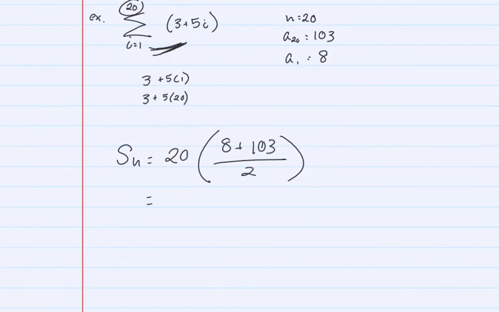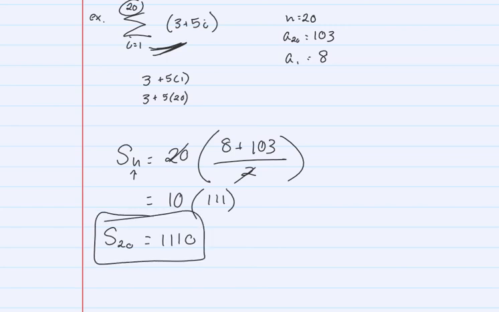And if I do 20 divided by 2, that is 10 times 111, which is 1110. And I should have actually replaced that S sub n with S sub 20 because I am finding the sum of 20 terms.